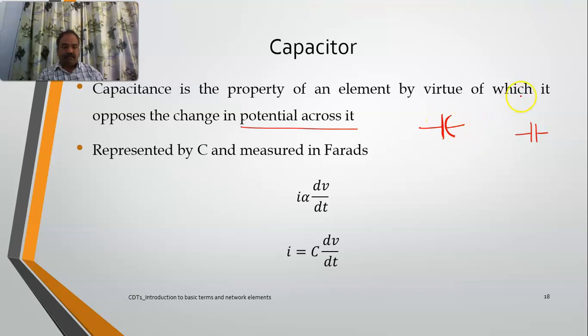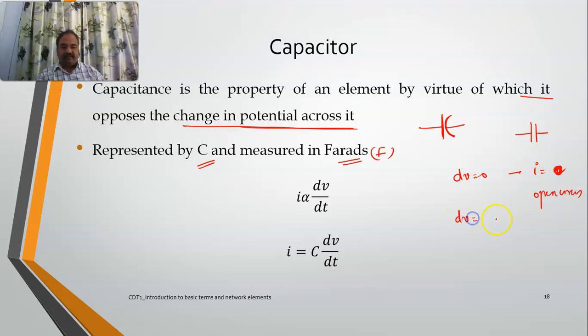Normally it is represented by the symbol C and measured in farads. When dV is 0, I is equal to 0, so it acts as an open circuit.